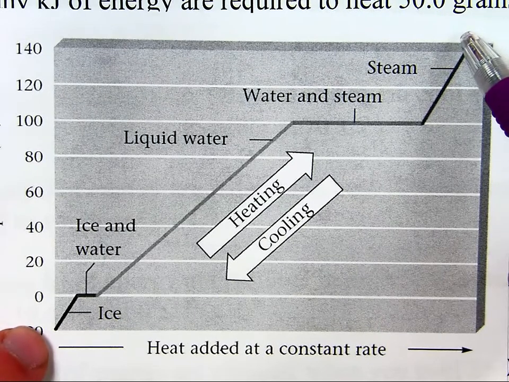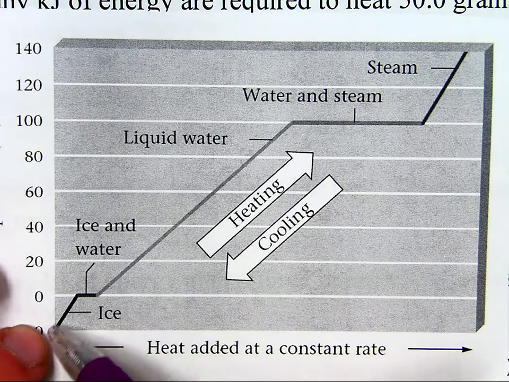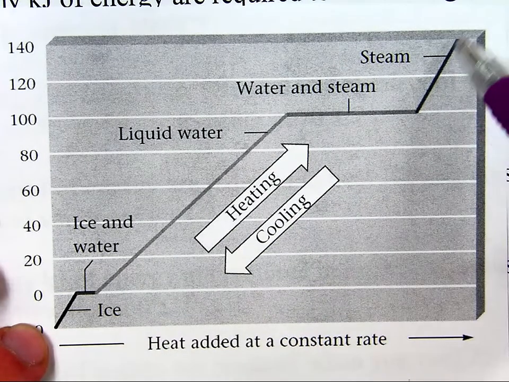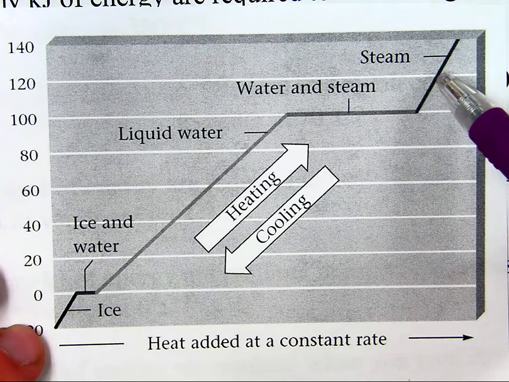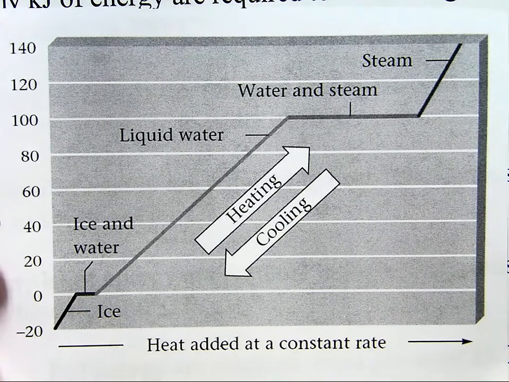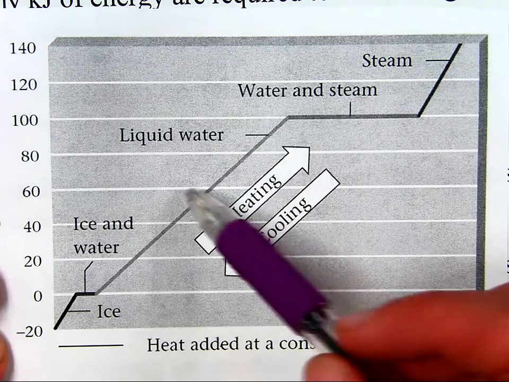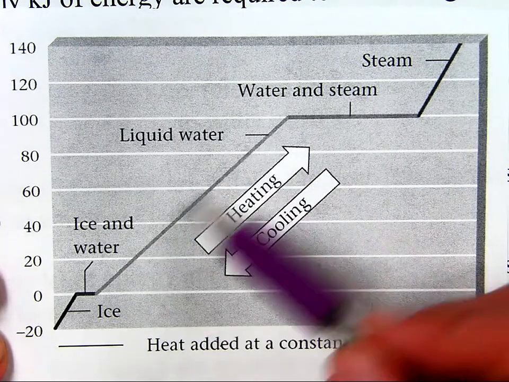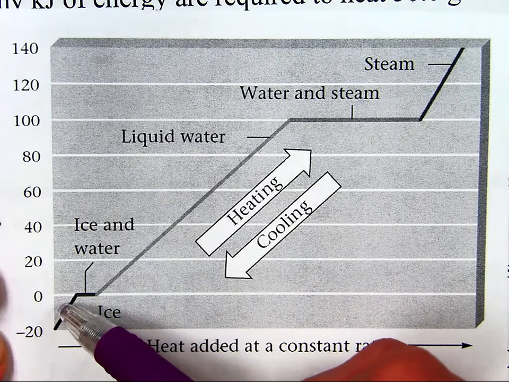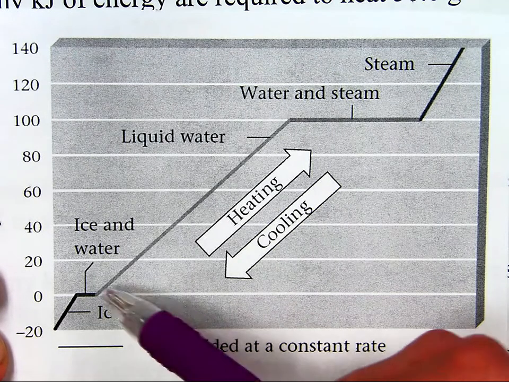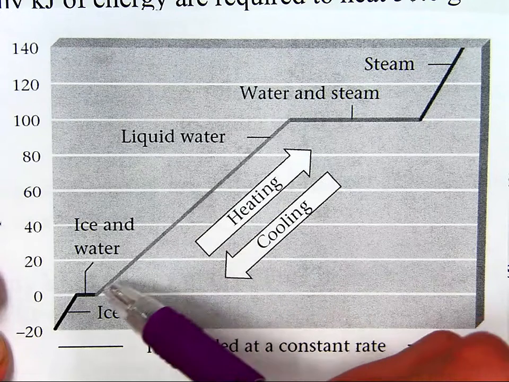If you're raising the temperature of ice, or liquid water, or water vapor, you use Q equals mc delta T. For these changes in temperature, Q equals mc delta T, delta meaning change. The temperature is changing, thus the equation works.